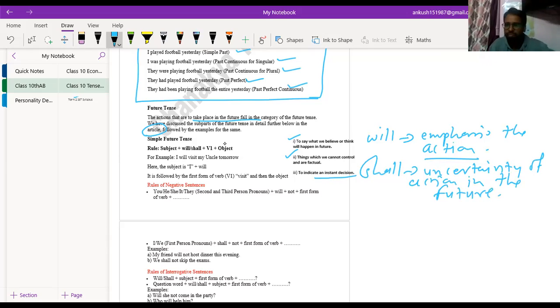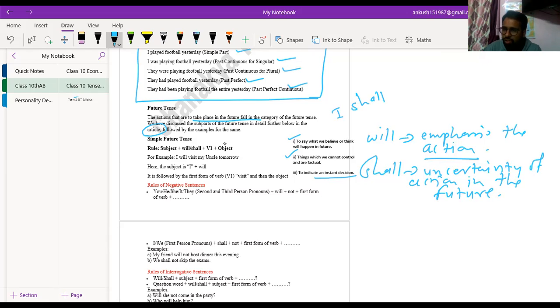It tells you the uncertainty, or you may say that it is non-emphasized upon the action. For example, and shall is always used with I and we. Okay, understood?